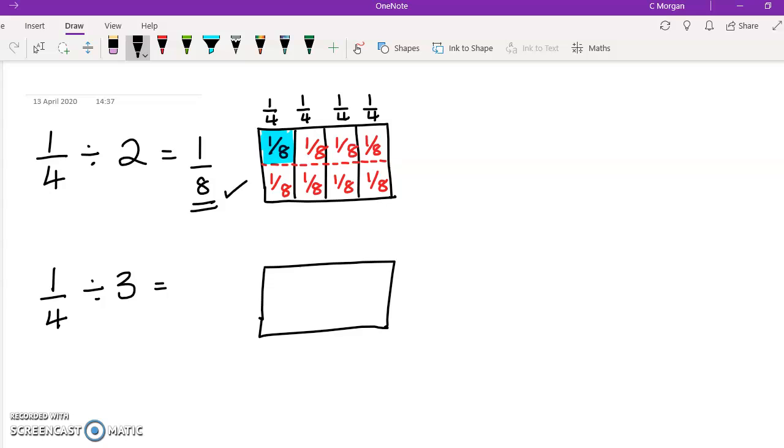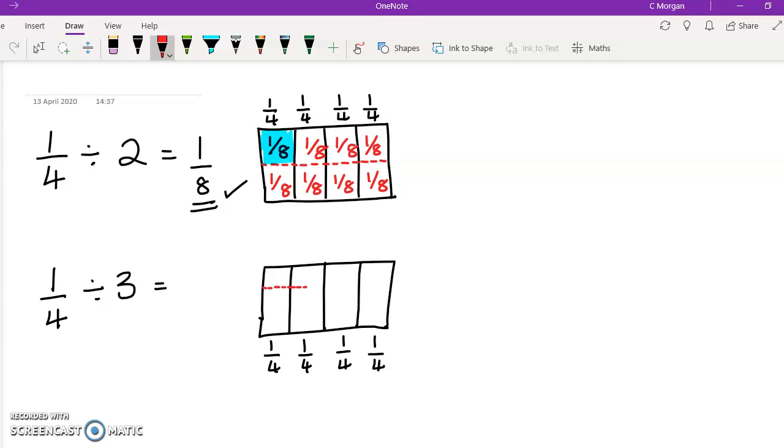So I've got my bar of chocolate and each piece of my chocolate is 1/4. I've been asked to divide 1/4 by 3, which means I need to divide 1/4 up into 3 separate pieces.